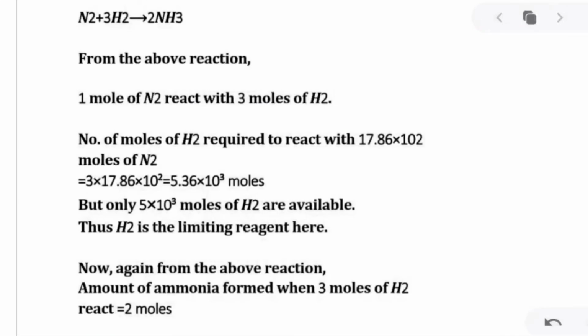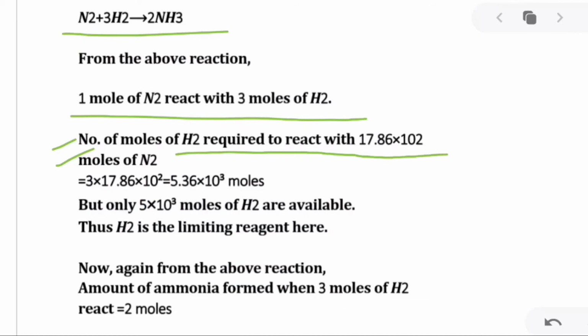But from the balanced chemical equation, that is N2 plus 3H2 gives 2NH3, 1 mole of N2 reacts with 3 moles of H2. Therefore, the number of moles of H2 required to react with 17.86 into 10 to the power 2 moles of N2 is equal to 3 into 17.86 into 10 to the power 2. We have used the unitary method here.